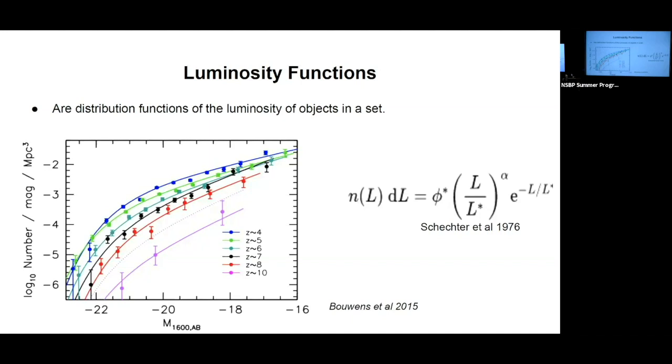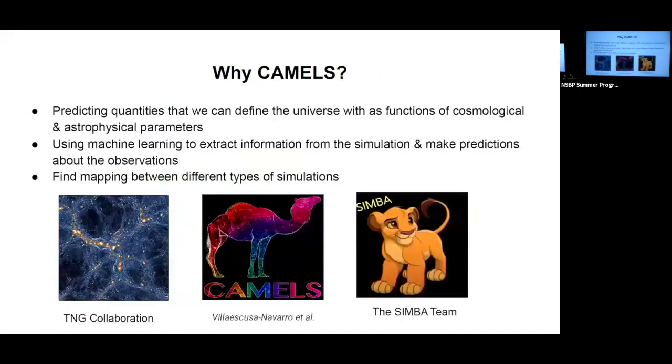We use a power law that was defined in 1976 by a person named Schechter, and it models luminosity functions. And we use a simulation set called the CAMELS dataset, which is built upon simulations itself, the TNG and the SIMBA. It's a set of hydrodynamic and N-body simulations, and it is used to predict quantities that we can define the universe with.